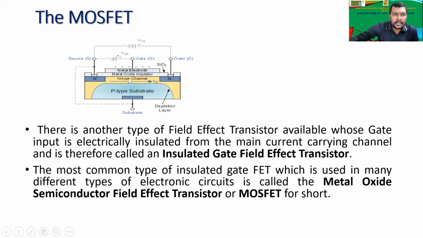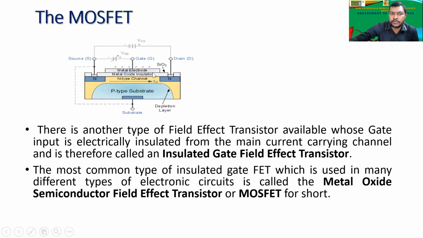This is the depletion layer that we have over here, and these are the connections of the electrodes. We have this metal electrode situated on top of the N-type so that it can cover it, and this is the non-conducting medium made up of silicon dioxide, and these are the terminals taken out of it. So this is drain, this is gate, and this is source.